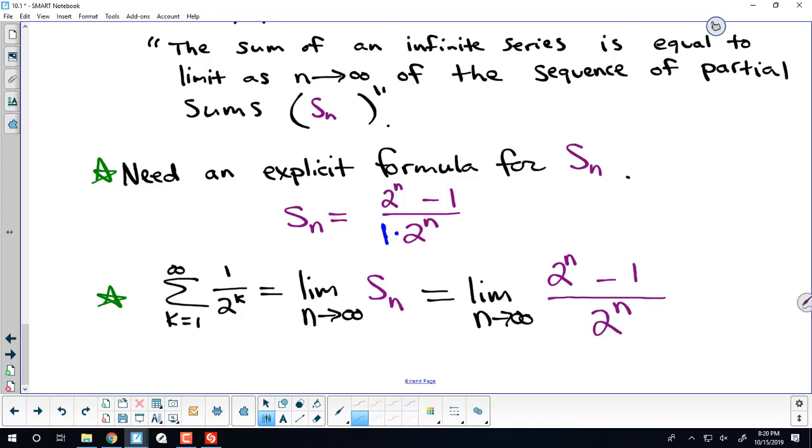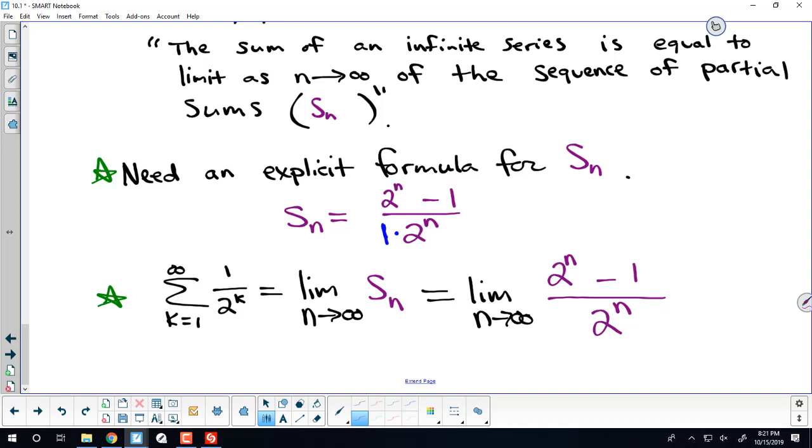Because now these terms, 2 to the n minus 1 over 2 to the n, represent partial sums of that series. The 1 over 2 to the k didn't represent a sum in any way, so when we looked at the limit of that, the only thing it told us is that, yeah, eventually the terms themselves approach 0. That may or may not mean that this series converges.